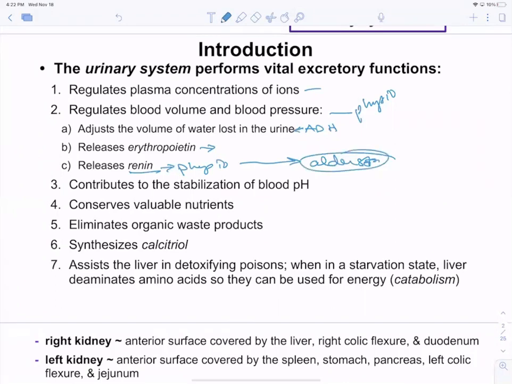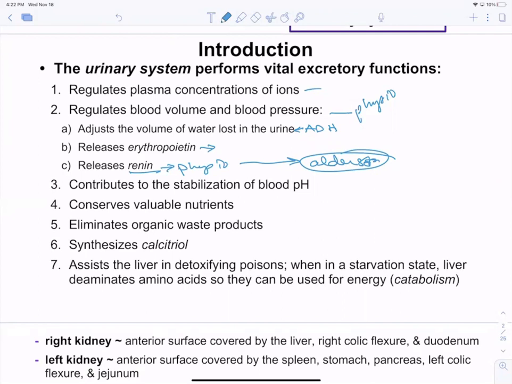Anyways, aldosterone. We talked about this. It's from the adrenal cortex, so it really doesn't go too far because the adrenal glands are on top of the kidneys.